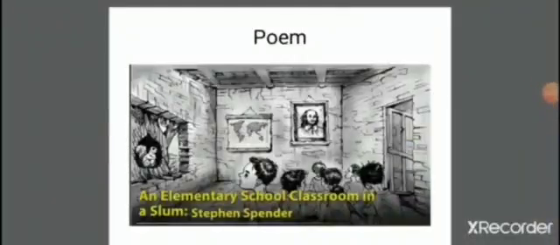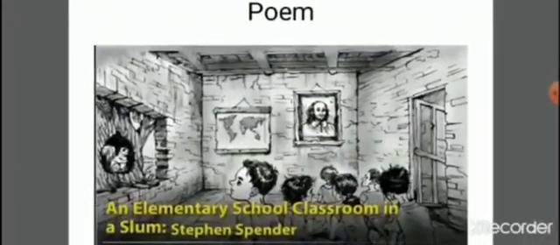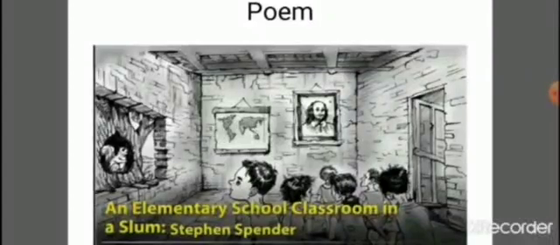Children, I would like to show you two pictures here which can refresh your memory of the first video quite well. If you look at this picture, it can very well summarize the first video. See the condition of the classroom. It's quite pathetic. Children sitting, distracted and dejected. The atmosphere is quite dull and drab.